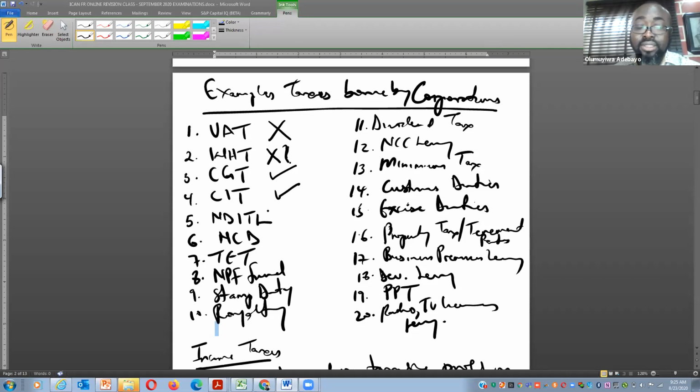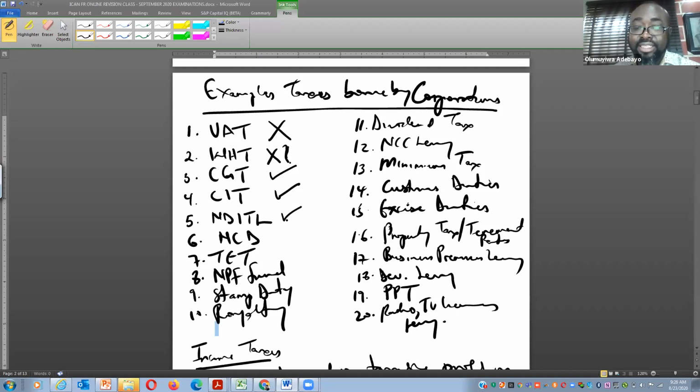Nigerian Information Technology Development Levy is based on accounting profit, or what we call the net profits, of every company operating in the IT industry or financial institution. That is an income tax because it's based on profit.